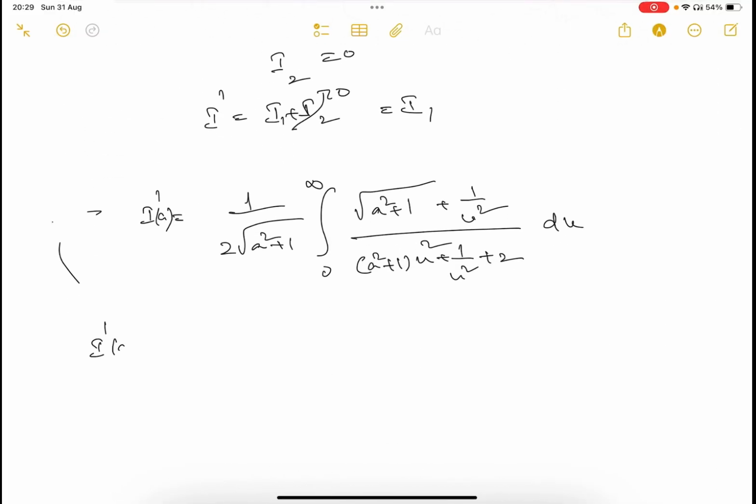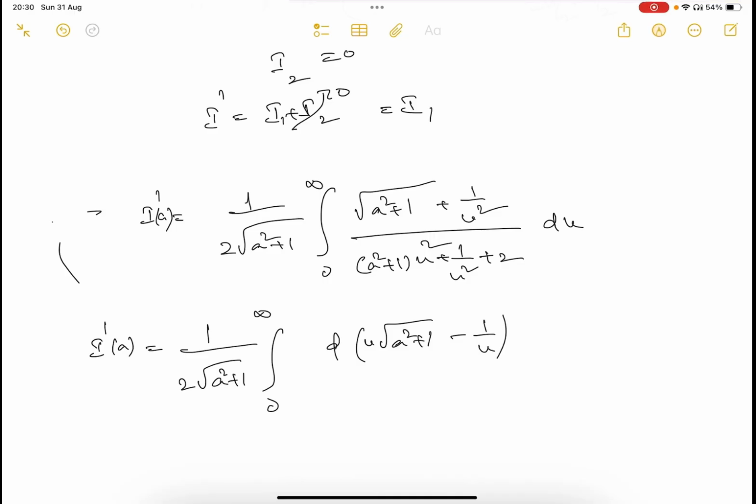Then I dash of a equal to, we'll proceed in a similar way. 2 into root a square plus 1, integral 0 to infinity. We try to write the numerator in the form of a differential, so it will be d of, as root a square plus 1 is constant, just u into u square plus 1. Here you need to write it as minus 1 by u, right?